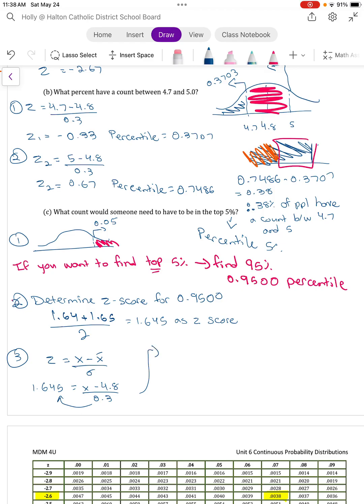So 1.645 times 0.3 gives 0.4935, which equals x minus 4.8. You're going to add 4.8 to each side, and you should get x being 5.292.